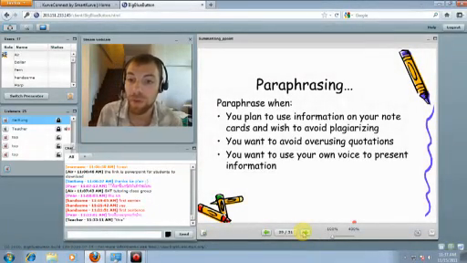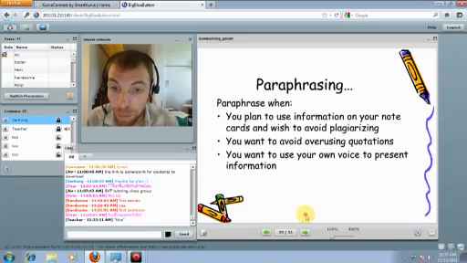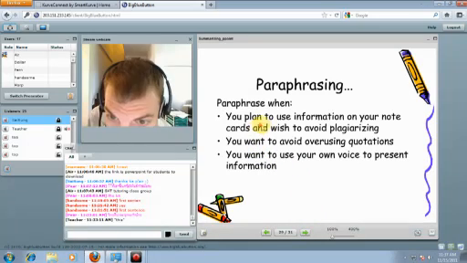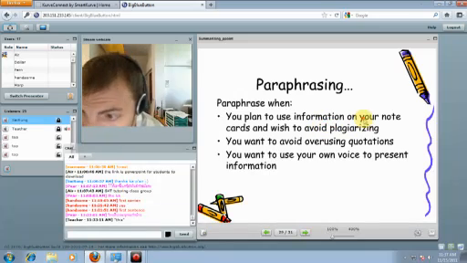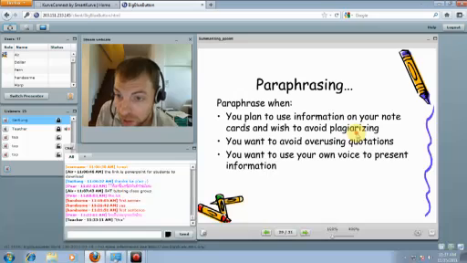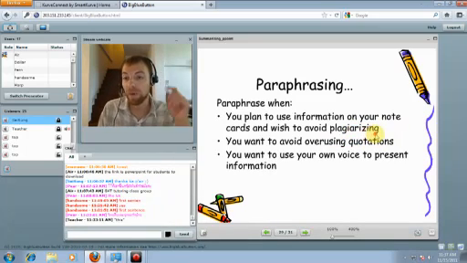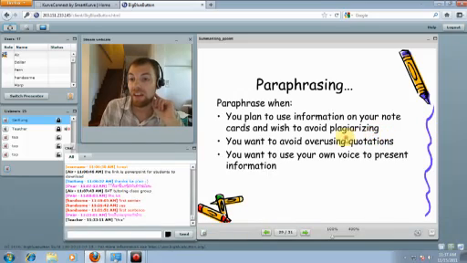Next slide, paraphrasing. So paraphrasing is basically when you plan to use information on your note cards and wish to avoid plagiarizing. Plagiarizing. This is a big word and important when you are writing a paper.